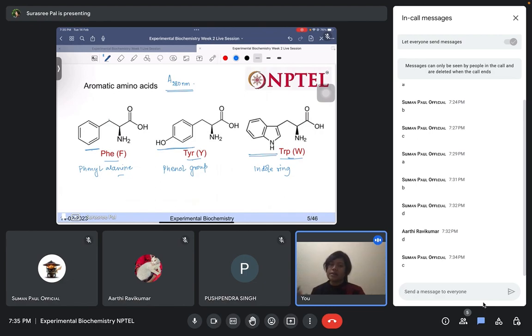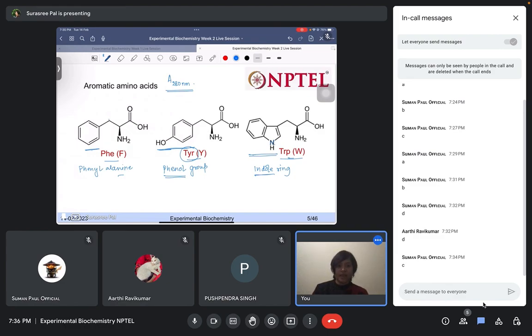You can see that in tyrosine and tryptophan there are polar side chains. Because the tyrosine has this OH group, it gives some polarity to this structure, right? Because of this phenol group present. And in tryptophan also, since it has this indole ring, this nitrogen is imparting some polarity to the structure, right?